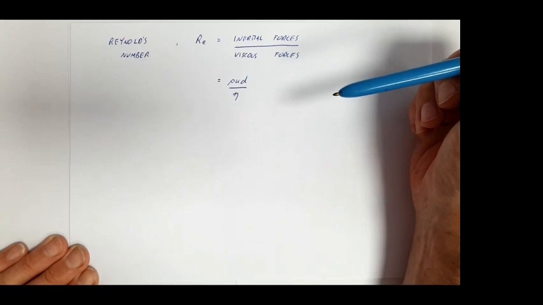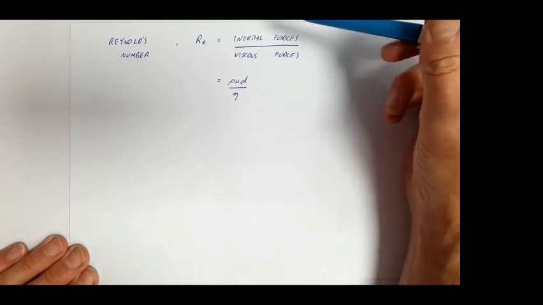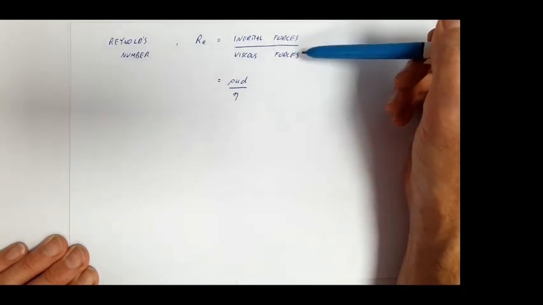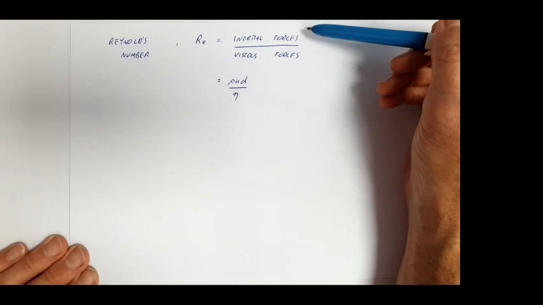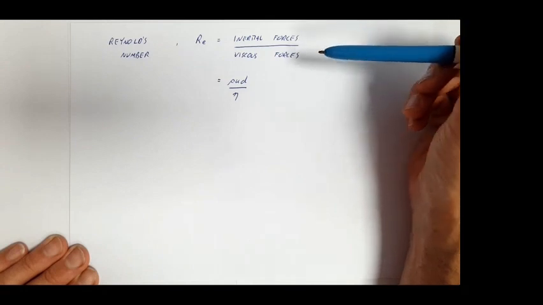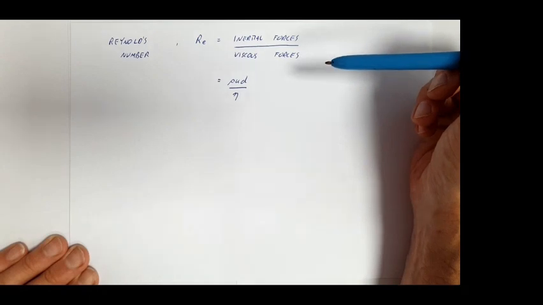Now, very roughly, if Reynolds number is less than about 2000, we would expect the flow to be laminar. If we've got a high Reynolds number, we've got low viscous forces, high inertial forces, low viscosity, potentially high density, high velocity.